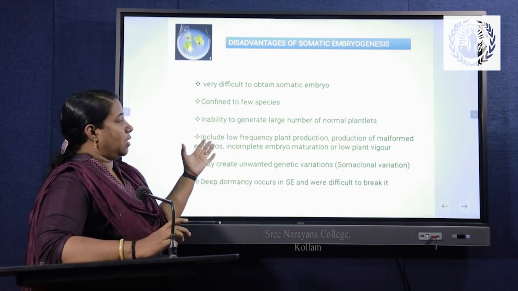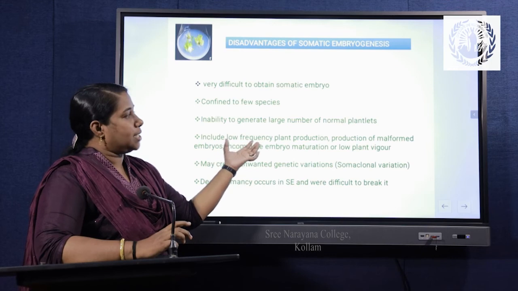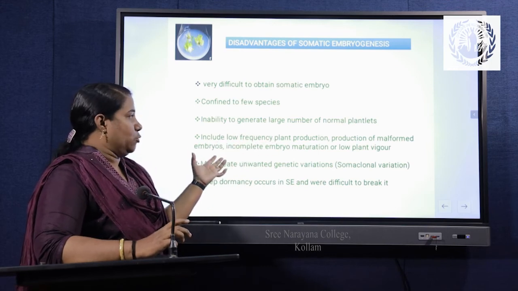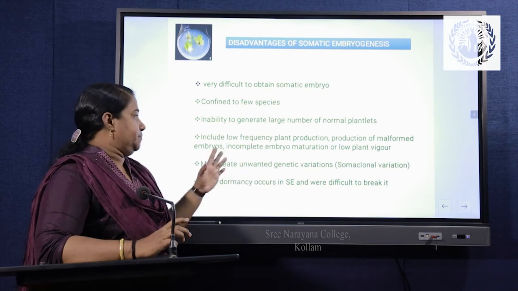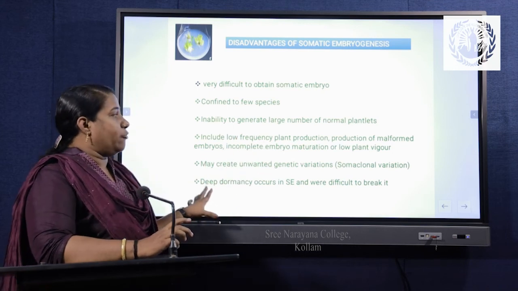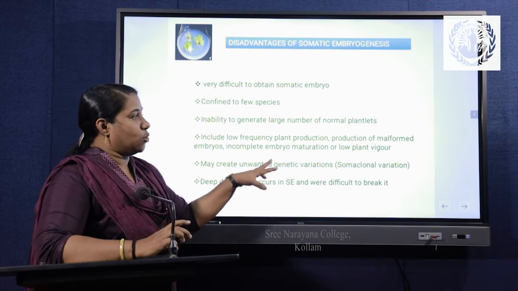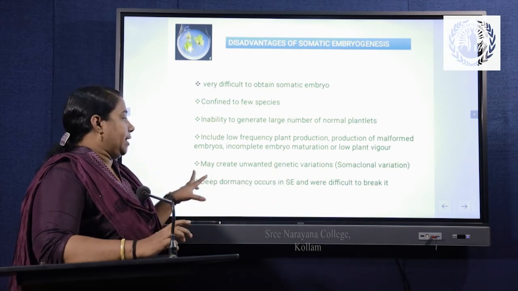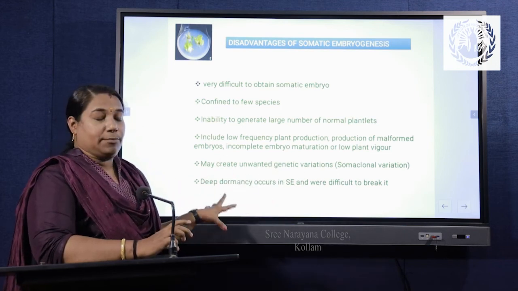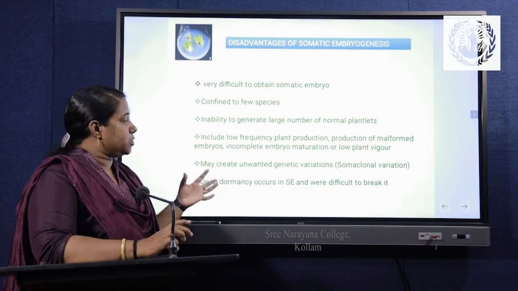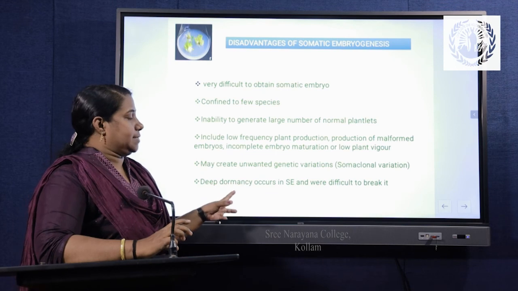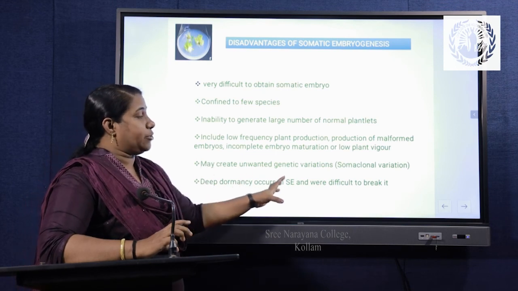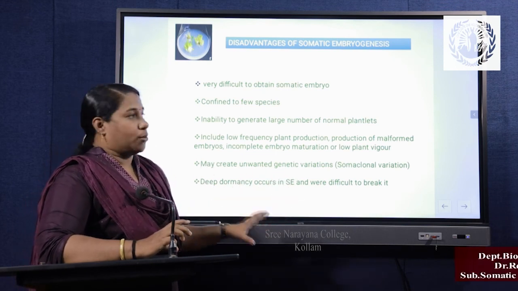It includes low frequency plant production, production of malformed embryos, incomplete embryo maturation or low plant vigor. It may create unwanted genetic variation, that is somaclonal variations. And in somatic embryogenic plants, certain dormancy develops, and it is very difficult to break that dormancy.